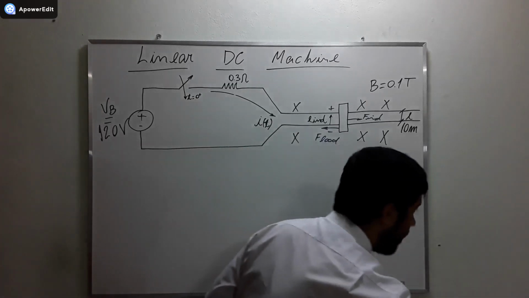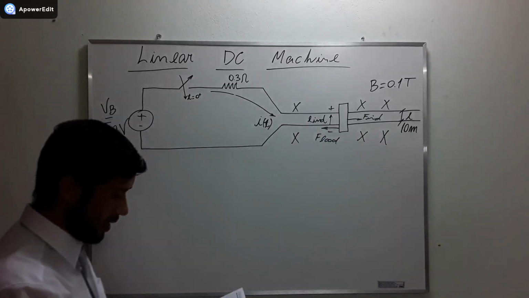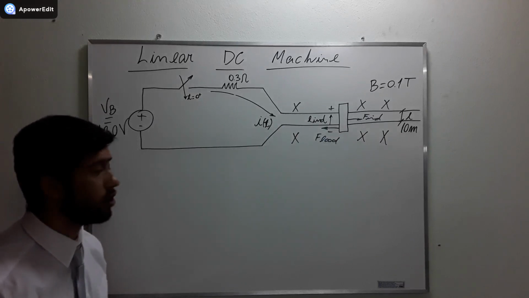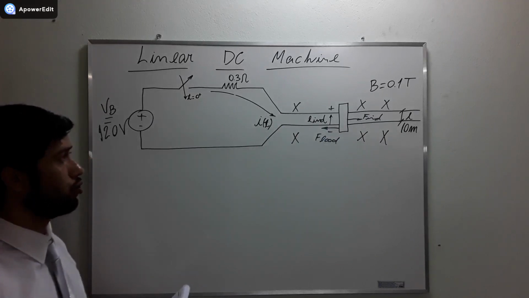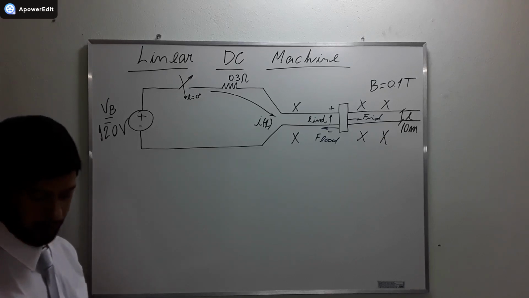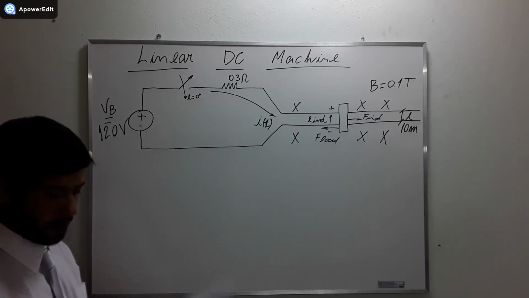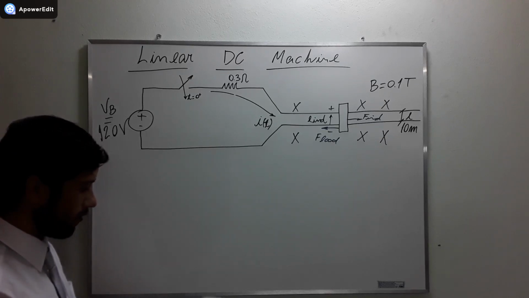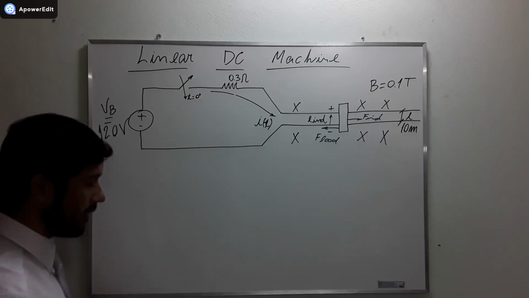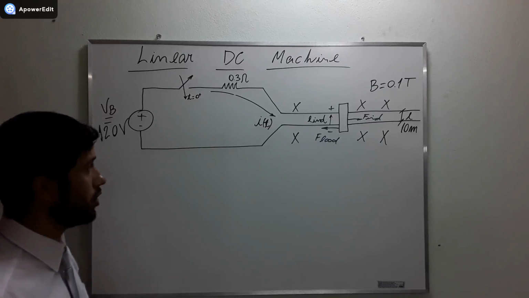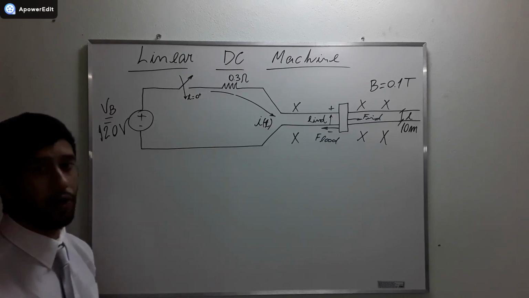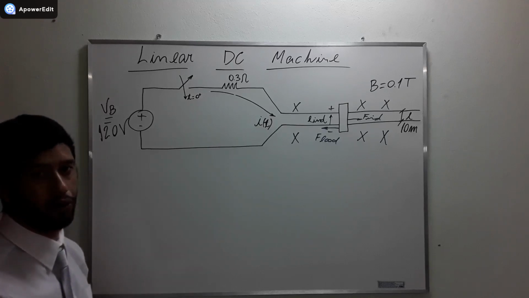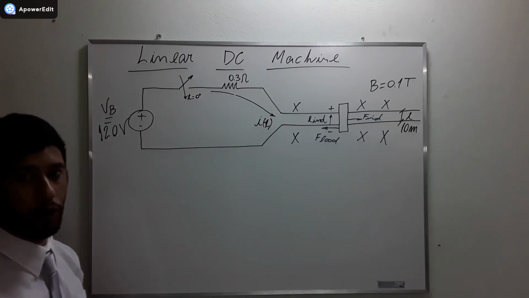The field was 0.1 Tesla, and letter C wants us to see what happens when the machine goes to a place where the field is 0.08 Tesla.